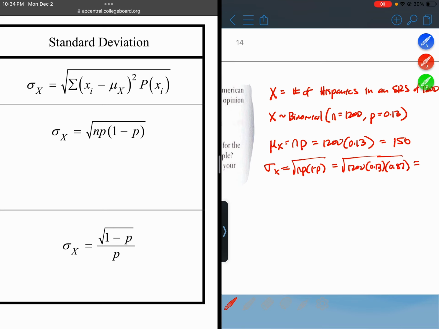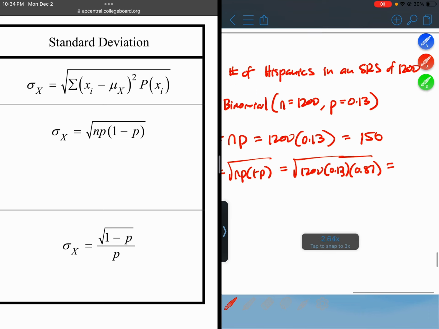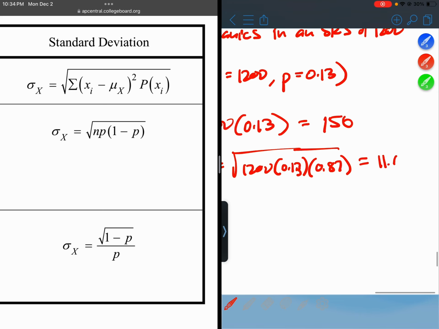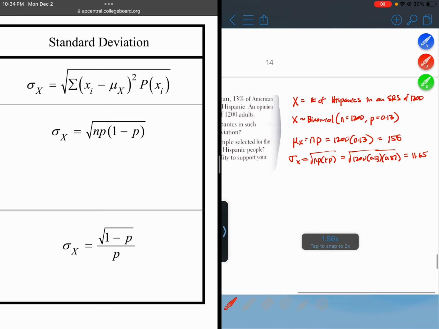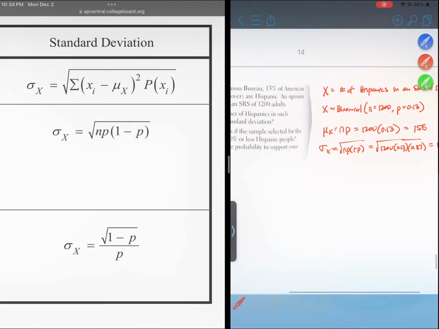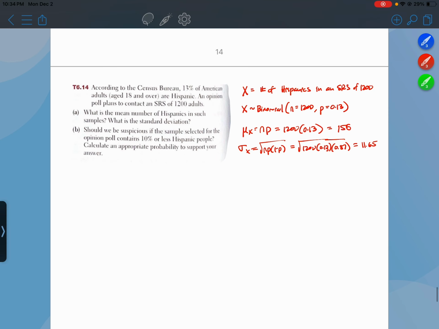And that's 11.65. Okay, so part A is done.